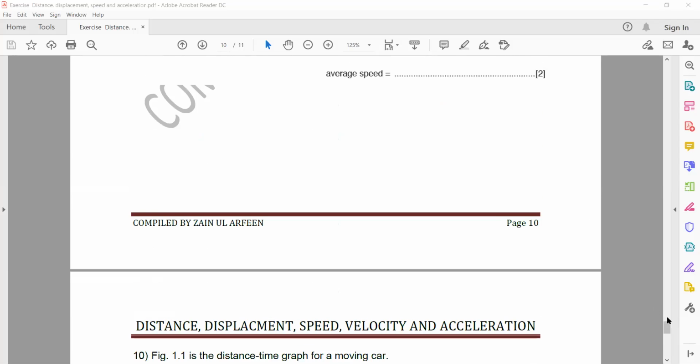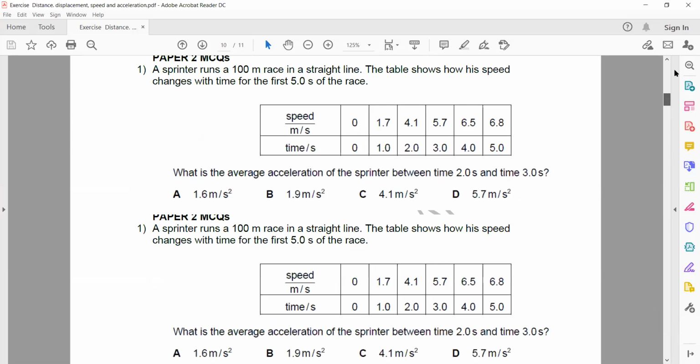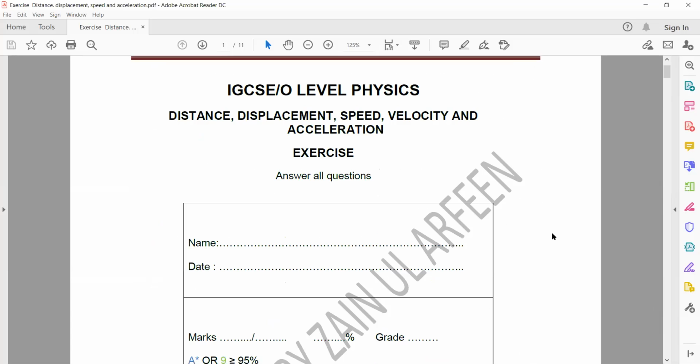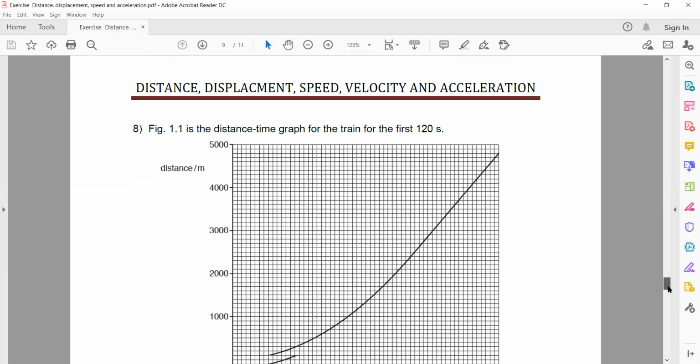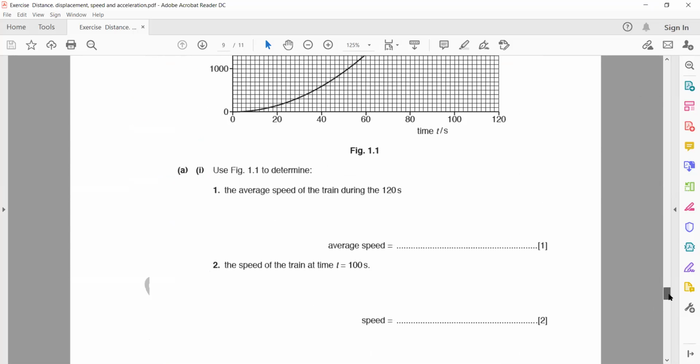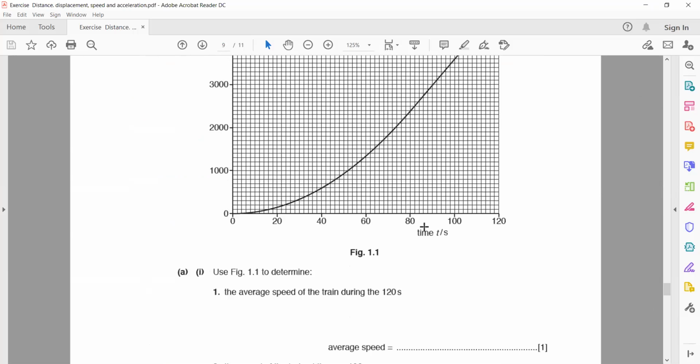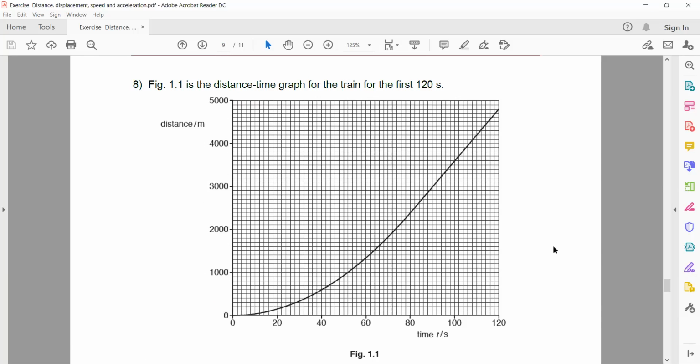Anyone else having a doubt in the structure question, in question 8? First, you need an average speed. What is average speed? It is the total distance divided by total time.